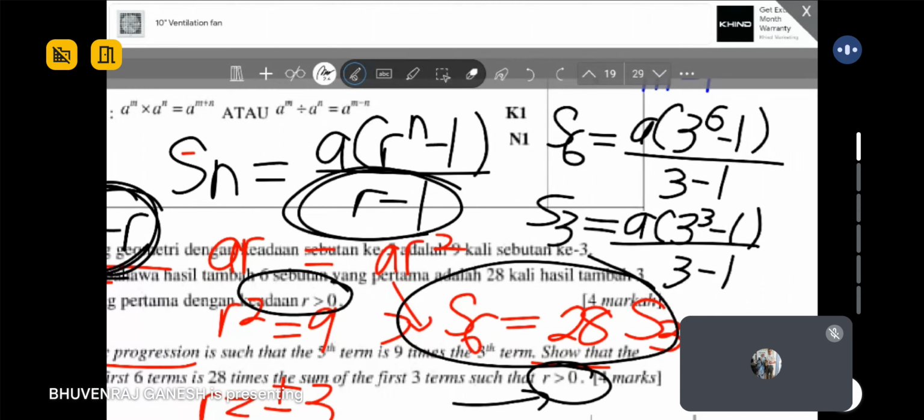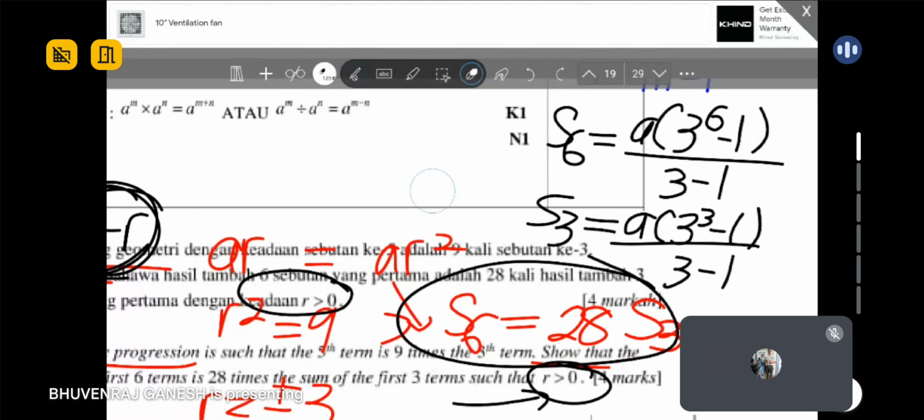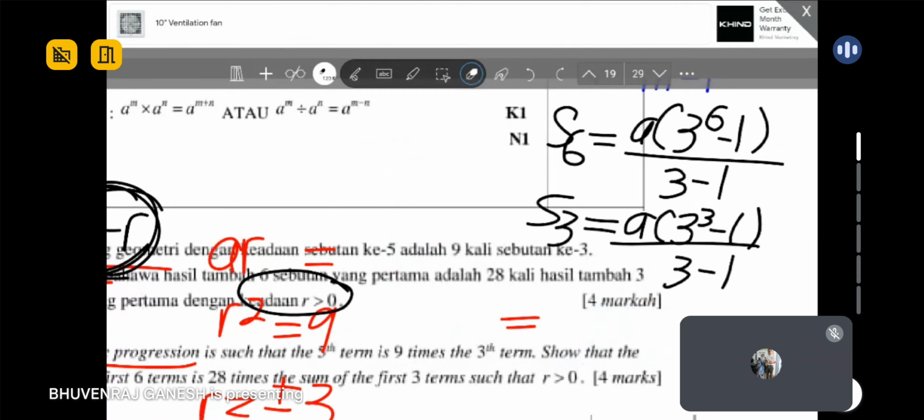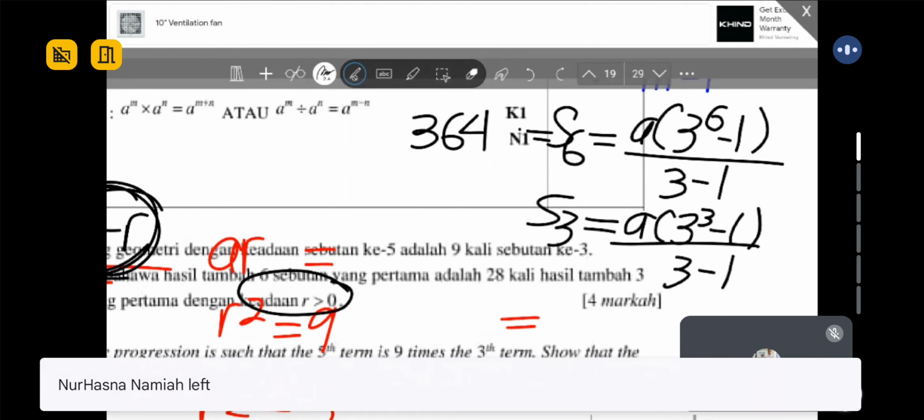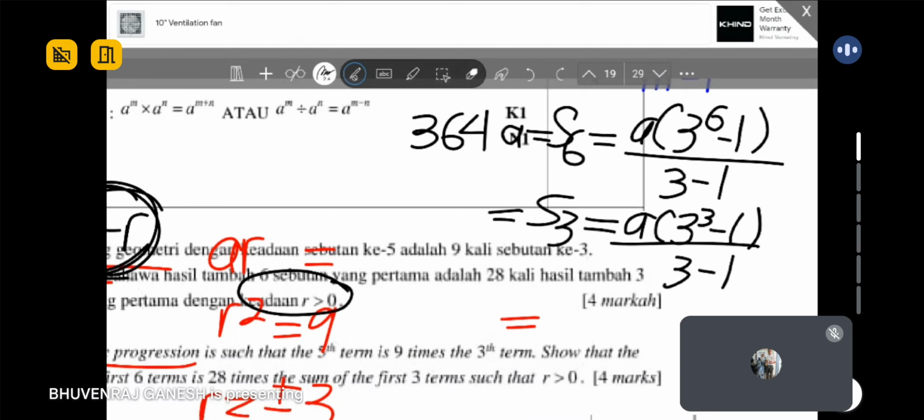Okay, clear right? Boleh kan? Okay, so now you simplify lah. Kamu permudahkan saja. Okay, so now if you simplify this one, you press calculator. Okay, so 3 power 6 minus 1 over 2. So you get 364A. Okay, this is the answer. And then this one, you press calculator. Okay, you will get 13A.